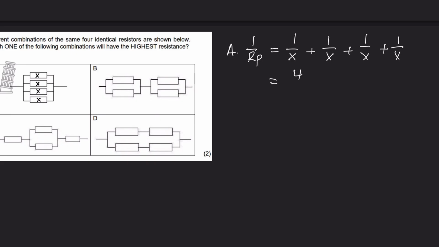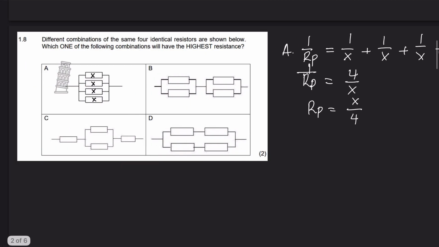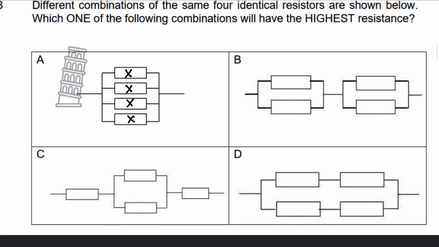That's equal to 4 over x. That means R parallel is going to equal x over 4. So the effective resistance for A is going to be 1/4 of x.